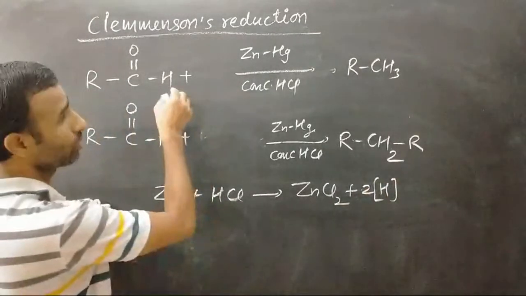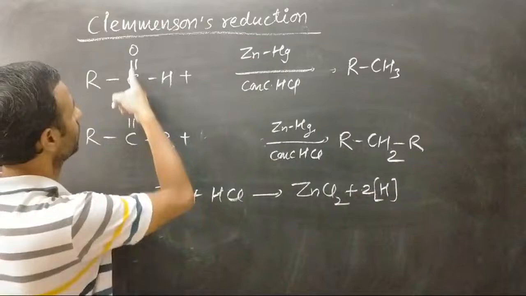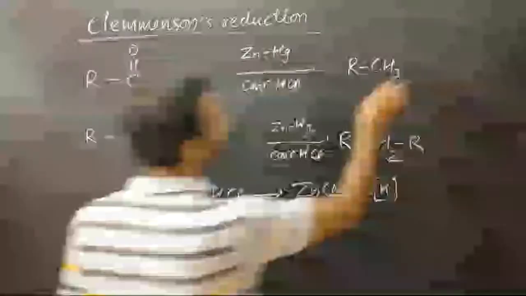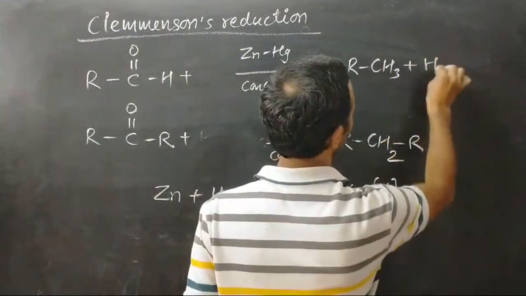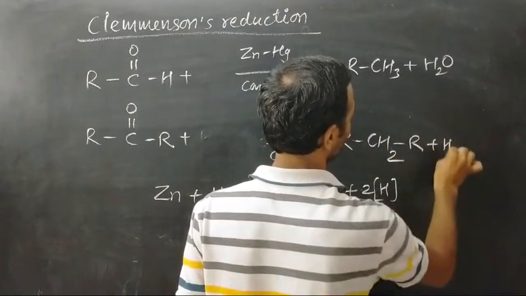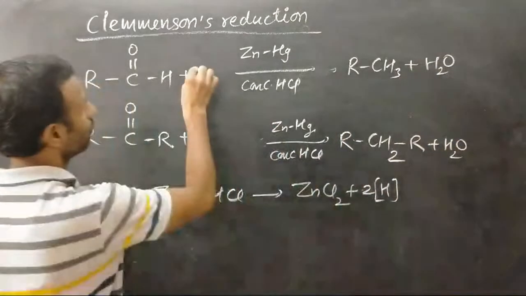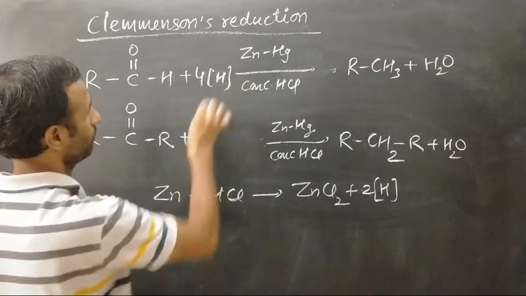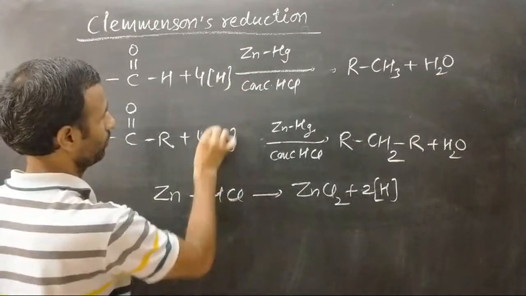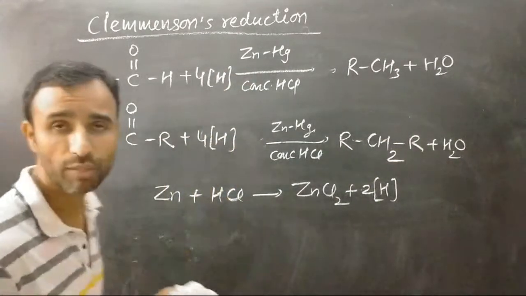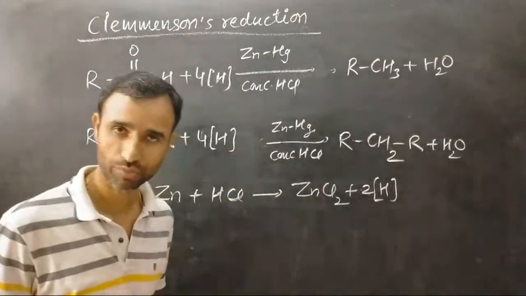Okay, so see, this product is formed along with H2O. So 4 hydrogens. Means this O is replaced by 2 hydrogens.